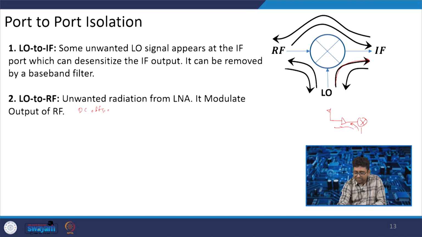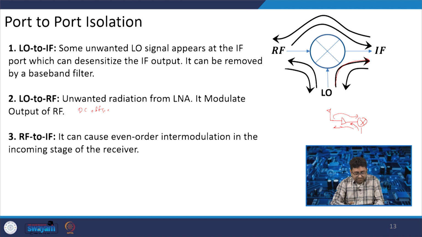So, this is the RF signal, this is the LO signal, and if it comes back, and if you have a direct conversion receiver, at that time your LO will mix with the same signal, and it will generate a very high DC offset, and that high DC offset might change the operating point of your other receiver components. So, it is better to have a good LO to RF isolation.